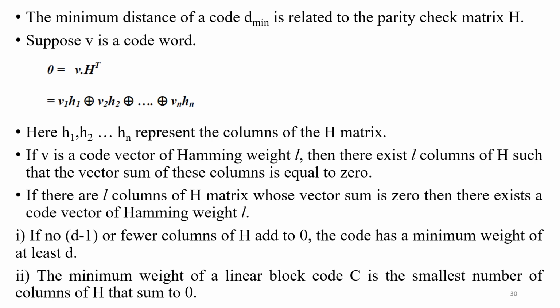If there are L columns of the H matrix whose vector sum is 0, then there exists a code vector of Hamming weight L. If no d minus 1 or fewer columns of H add to 0, the code has a minimum weight of at least d. The minimum weight of a linear block code C is the smallest number of columns of H that sum to 0.